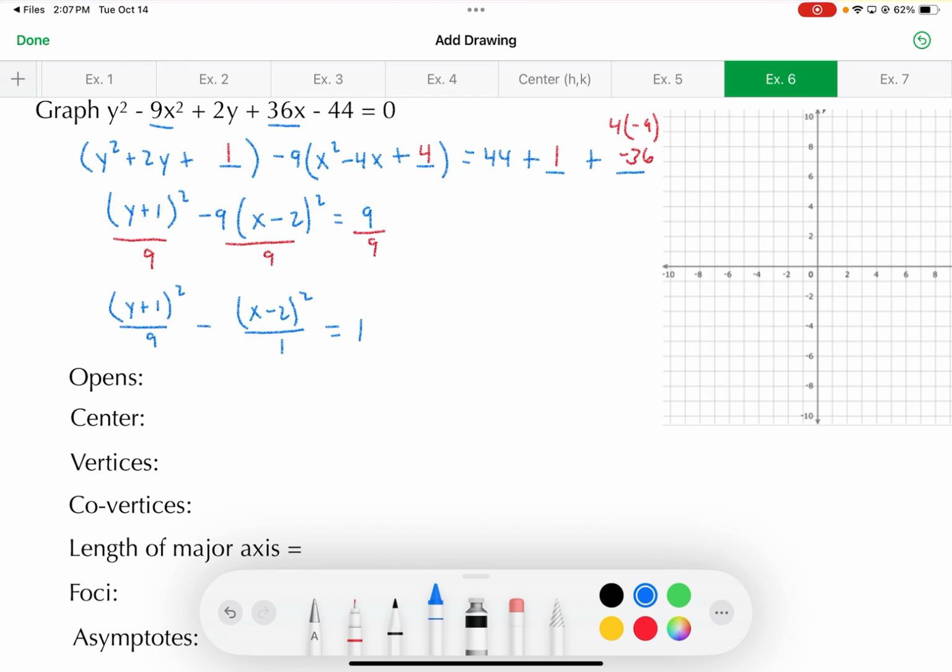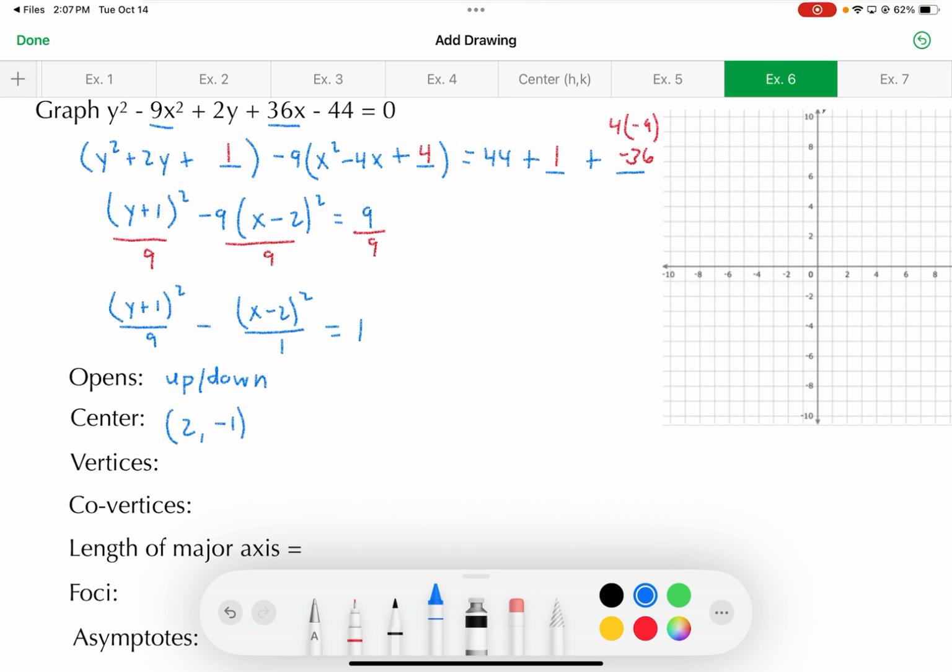Okay, so looking at this equation, which way does this open? Up and down. That is because y is in the first fraction before the subtraction. Okay, what is the center? Careful. 2, -1. Positive 2, -1. We good with that?